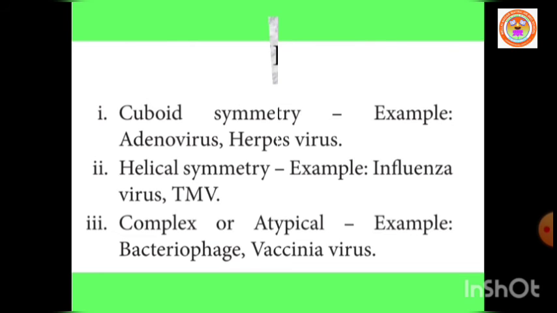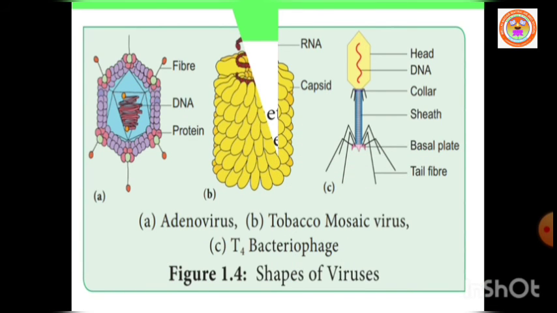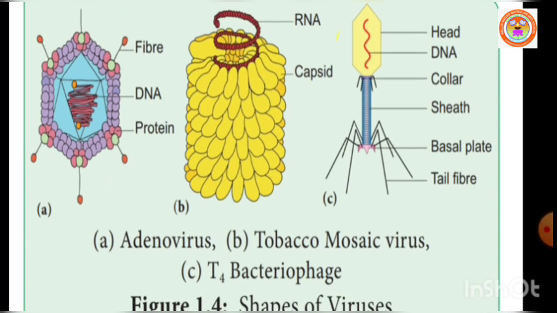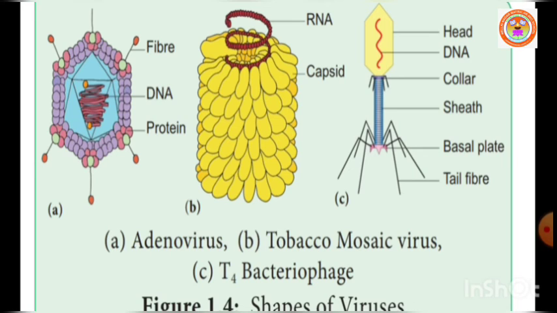One example you can remember. Every virus, when you observe, has only two components. One is nucleic acid, either DNA or RNA. Then the protein coat. The protein coat of the virus is called the capsid. The capsid is made of several protein subunits called capsomeres.